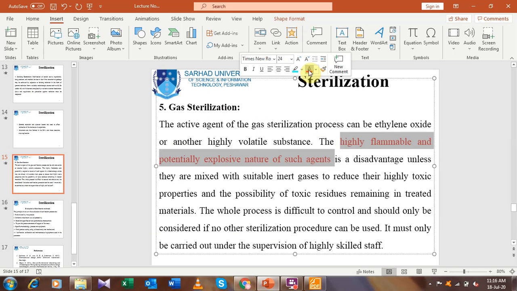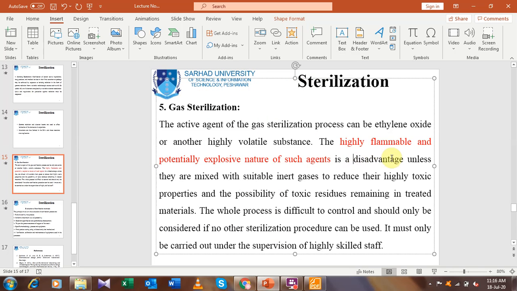In order to avoid these disadvantages, we should overcome them, and then we will use this process of gas sterilization. If we do not overcome the high flammability and potentially explosive nature of the gases, we cannot use them, because it is dangerous. How will we overcome this?